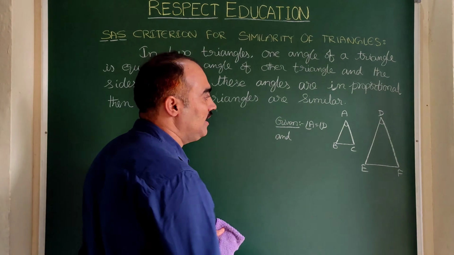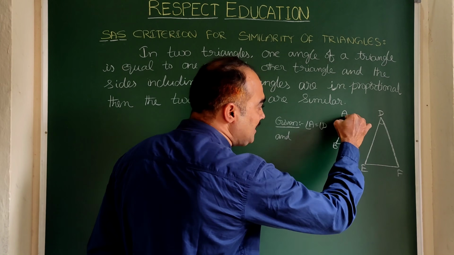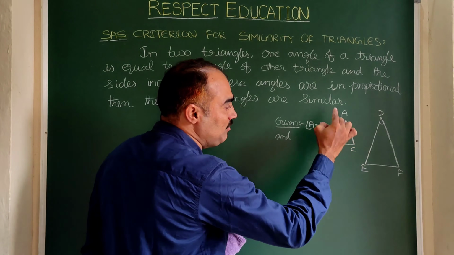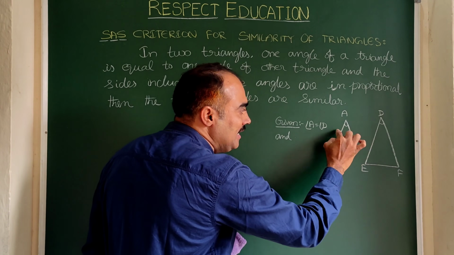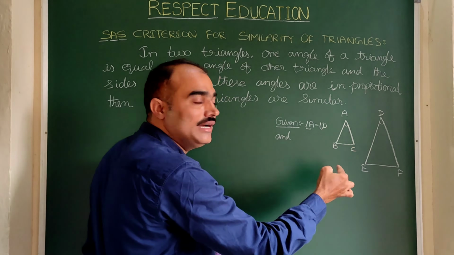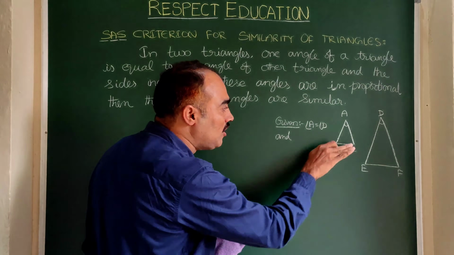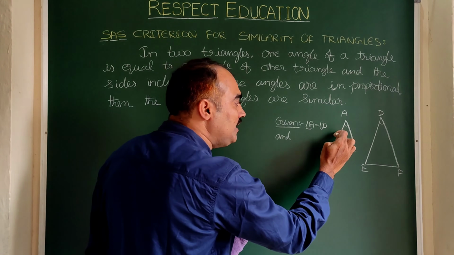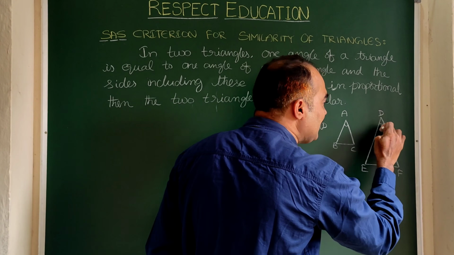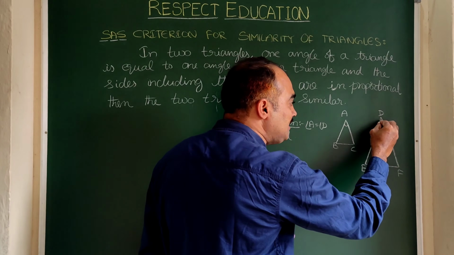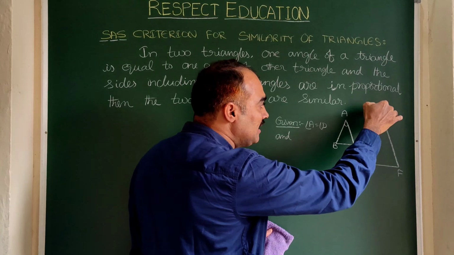Here you observe, what are the sides including this angle in triangle ABC? Here AB and AC, these two are the sides including this angle, but not BC. In this triangle, for angle D, what are the including sides?